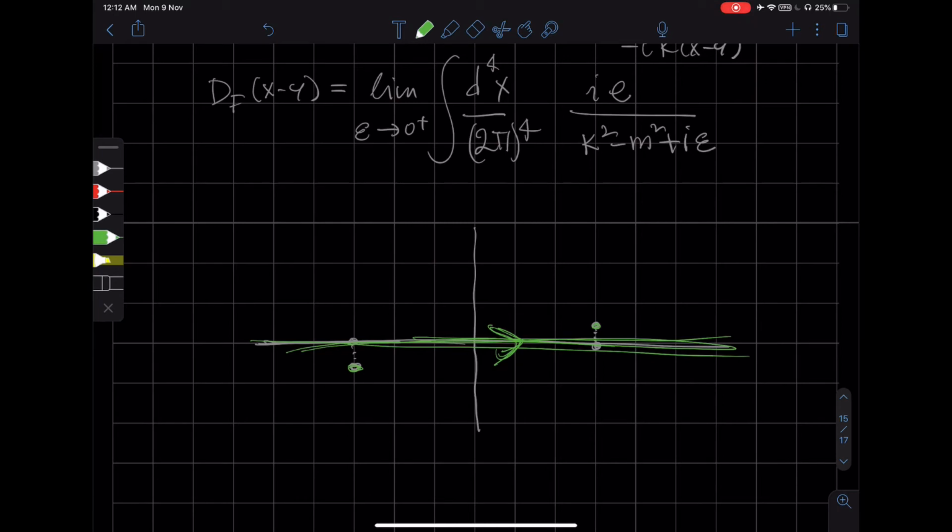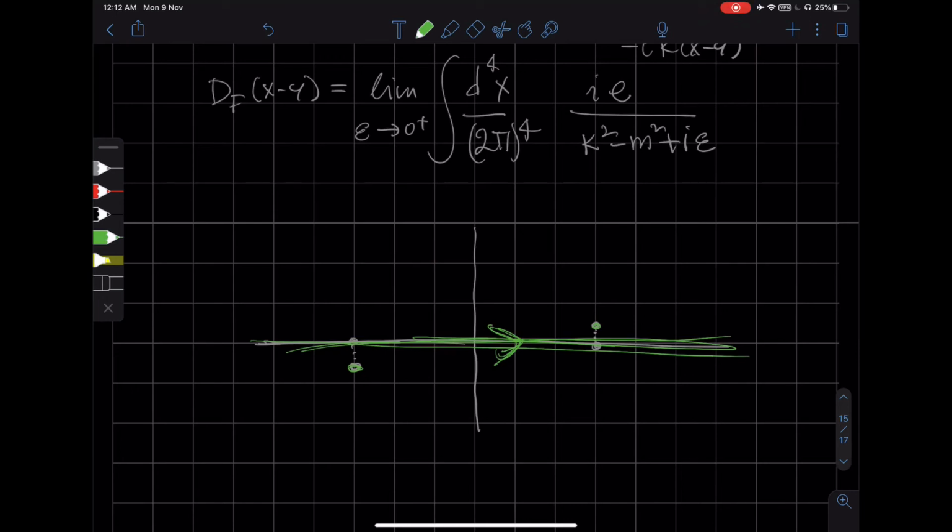So again, as in the previous case, for x⁰ greater than y⁰, we have to close the contour on the lower half plane, and for x⁰ less than y⁰, we have to close the contour on the upper half plane.